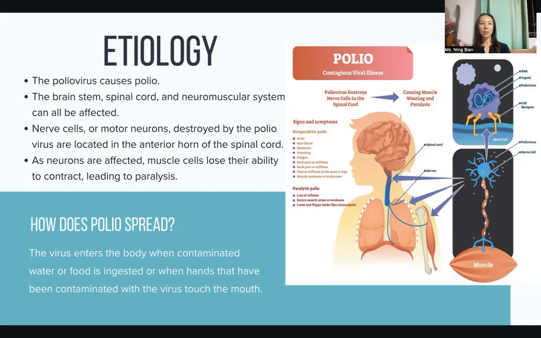As neurons are affected, muscle cells lose their ability to contract, leading to paralysis. How does polio spread? The virus enters the body when contaminated water or food is ingested, or when hands that have been contaminated with the virus touch the mouth.